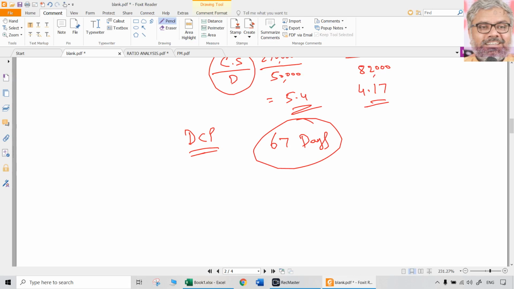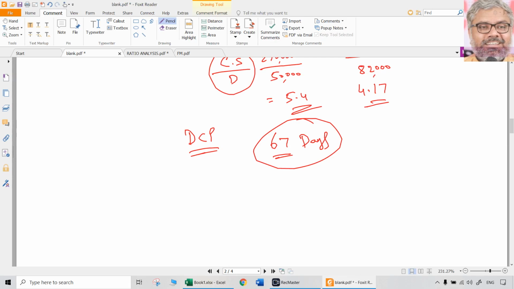So the decimal in the days does not indicate any accuracy. It actually indicates a nonsensical item. So don't have any decimals in the days, just round them off. Approximately you can say the debt collection period is 67 days in the year 2019.